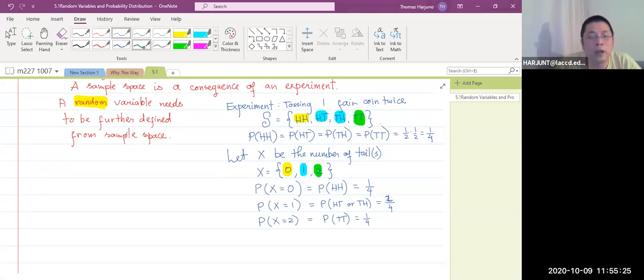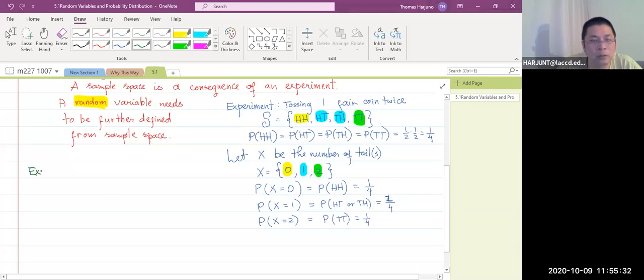Okay, so if I try to give you the diagram, it's basically like this. Once you know the experiment, then the sample space is a consequence. Now, for you to get a random variable, you need to have a definition first.